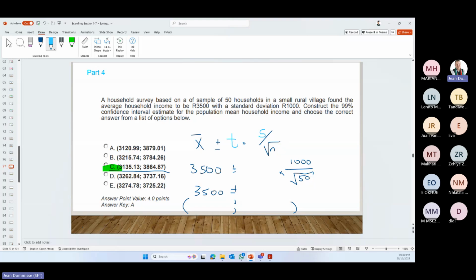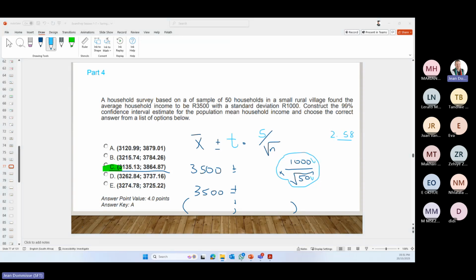So the sample standard deviation is 1,000. The sample is 50. So this actually didn't matter what we were looking at. This stayed the same. The big difference that's coming in is the t. So our z was 2.58.